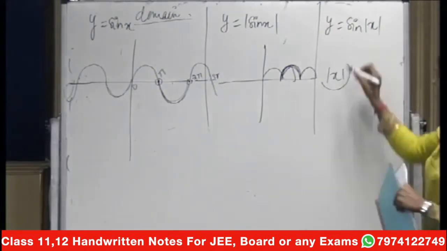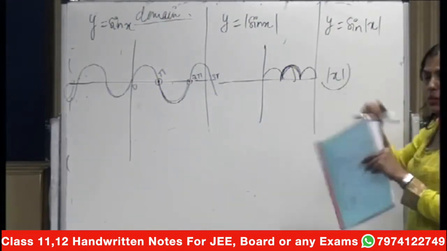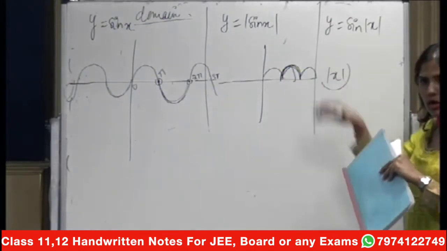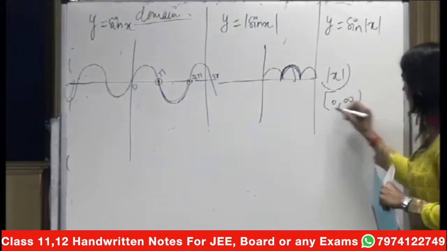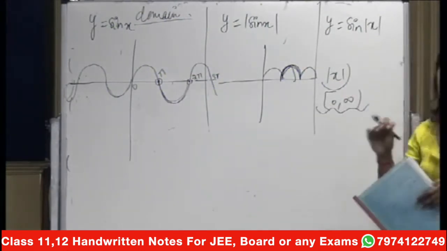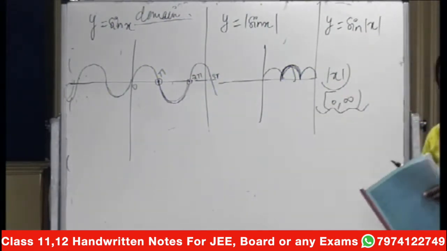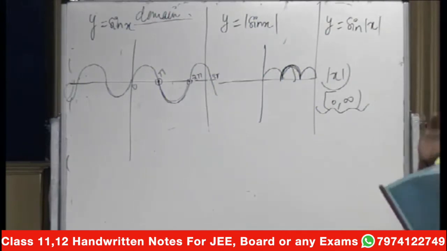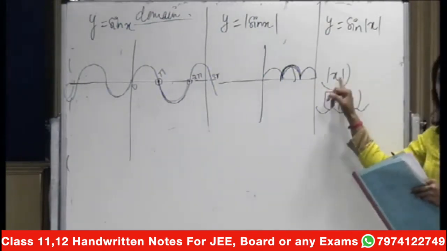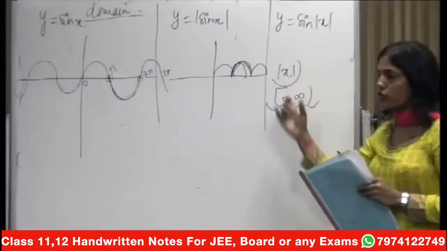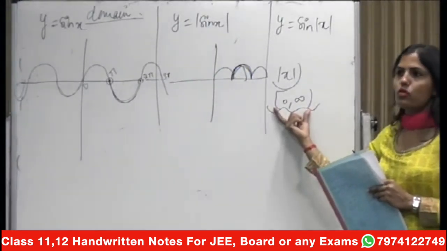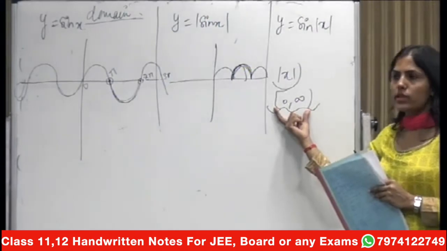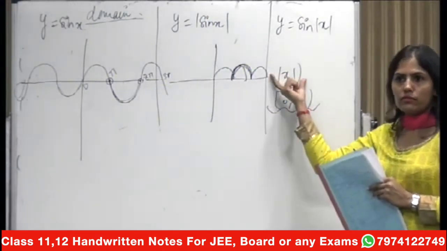Range means what values you are getting in your range set. So these are the values. Except these values, you will not get any other value. You can put any real number here. The value of this function will lie between these values. Other than this, you will not get any value. So this is the range set for this mod function.